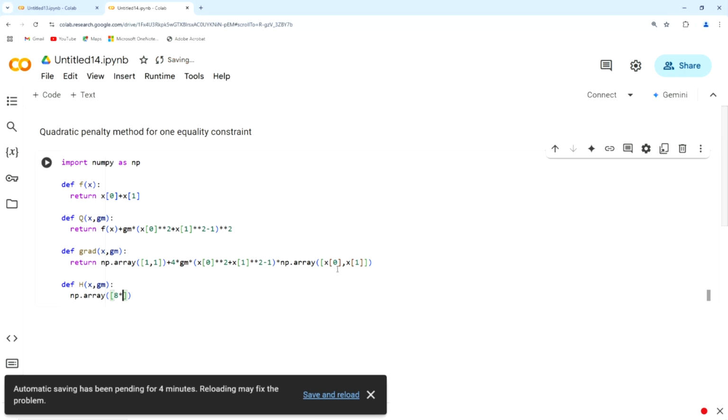If you just take x of 0, that is 1, you will have 4 into gamma into x of 0 squared plus x of 1 squared minus 1, plus, when you differentiate the other factor, you have 2 x of 0, so you will have 8 gamma x of 0 squared.